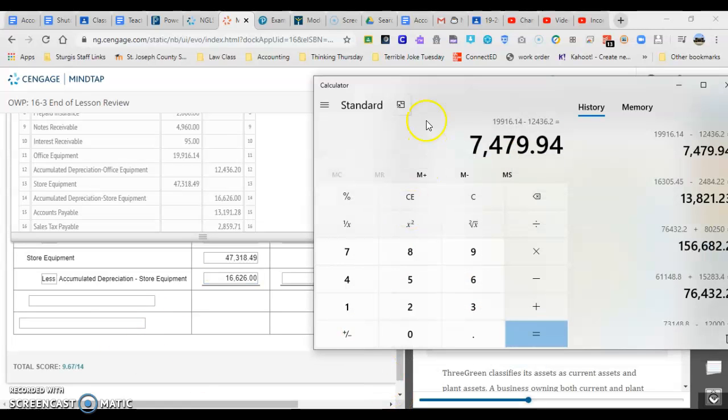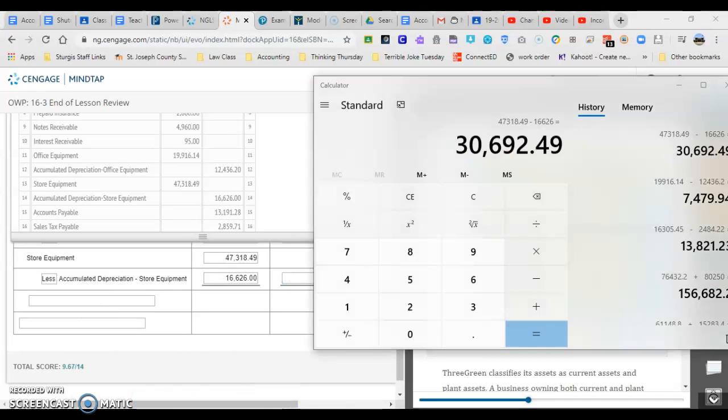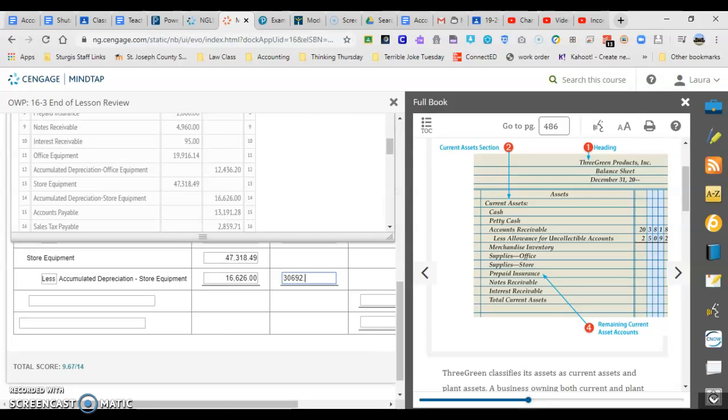So how much that store equipment is really worth is 47,318.49 minus the 16,626, which is 30,692.49. That's the book value of store equipment.